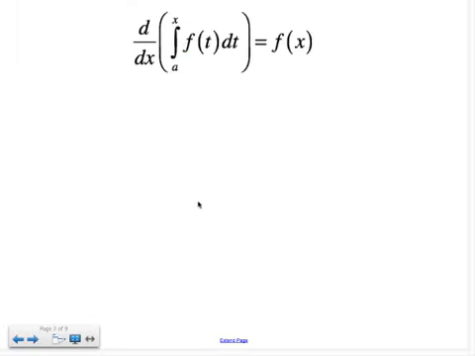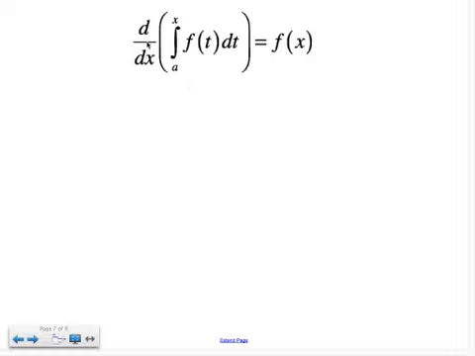Now, you say, part 1 of the fundamental theorem? I say yes, because there are 2 parts, because we don't have to stop there. If we know that the derivative of this function is this, well, maybe we have a way to determine what this integral is equal to without having to do Riemann sums and all those nasty limits that we don't want to have to calculate by hand.